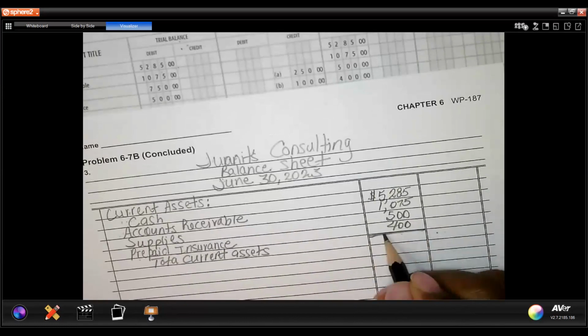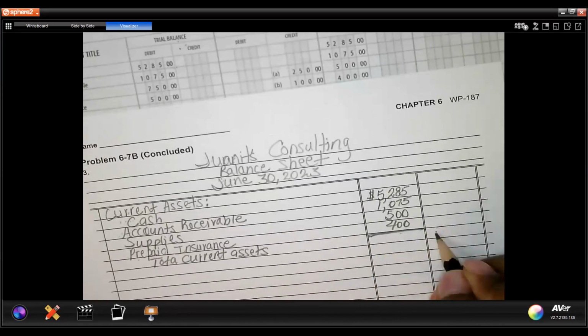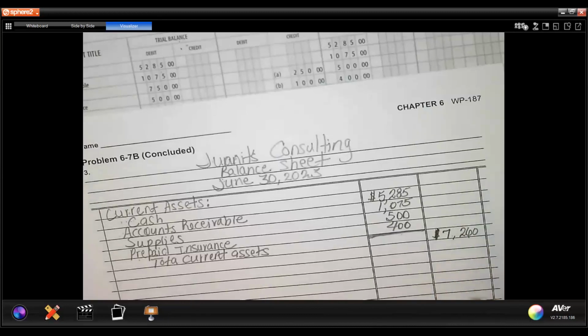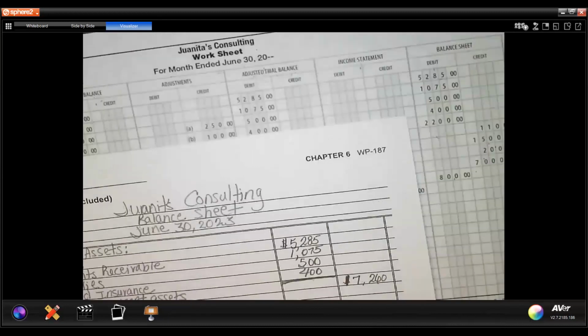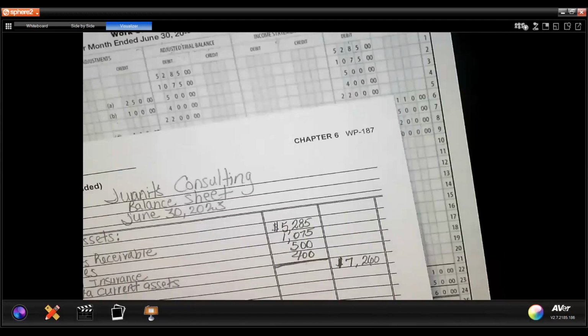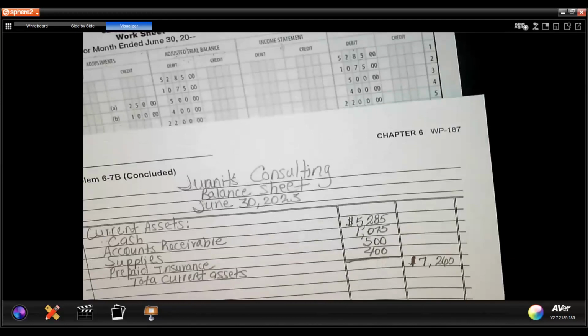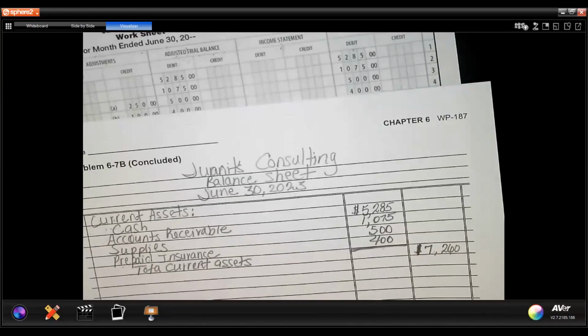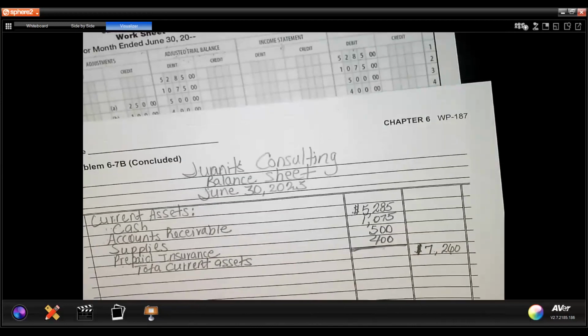In this case, we're going to rule up under prepaid insurance. That total should be $7,000, and because this is a total, we're going to put that dollar sign, and it's going to be $7,260. Okay, so let's just verify that total. Let's make sure we have all of our totals together. So these are our current assets, beginning with cash all the way to prepaid insurance, which is our total current assets. That's the current amount.